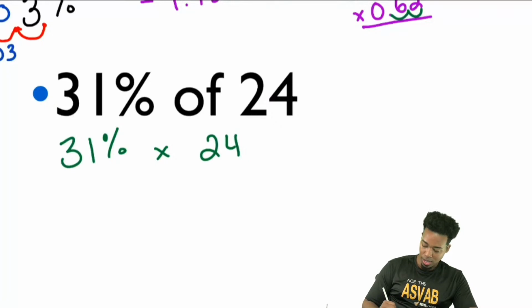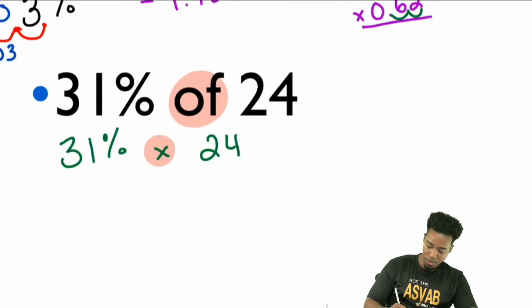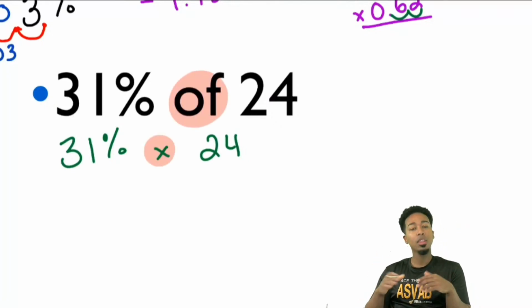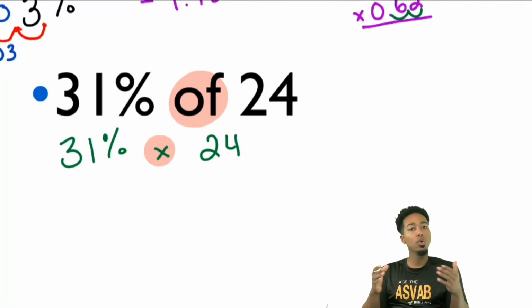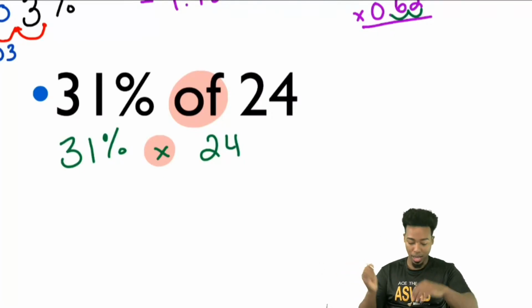Exactly. Again, the word of means you're multiplying. Then we need to make sure we turn that percent to a decimal. So we're going to move that decimal place 2 times to the what? Exactly, 2 times to the left.